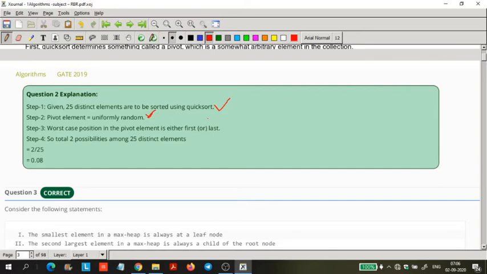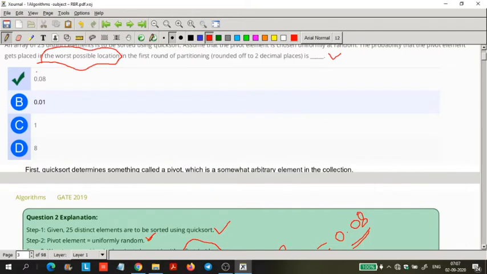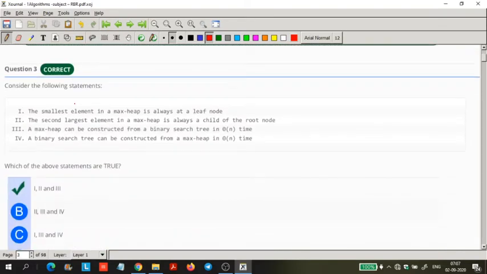The worst case position of the pivot element is either first or last, so there are two possibilities out of the 25 distinct elements. So we get 0.08, and that is the first option.